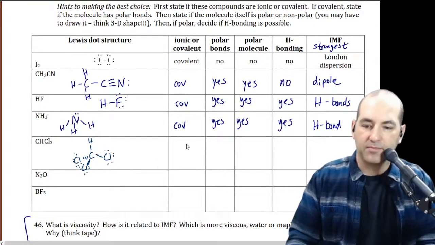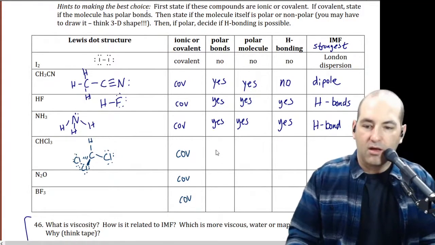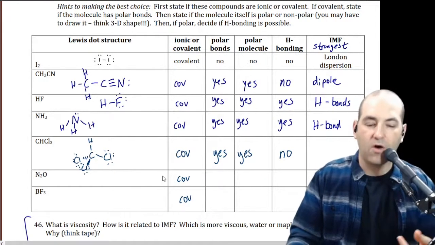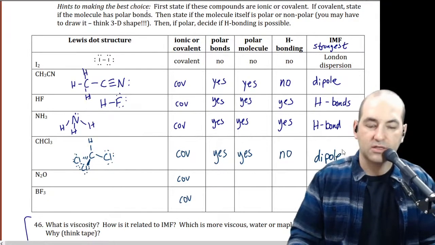And that is covalent. In fact, all of these are. It has some polar bonds in the CCl bonds, and overall it's polar. It cannot do hydrogen bonding because there's no HO, HF, or HN bonds. So the strongest forces here are going to be the dipolar forces because it does have that dipole.